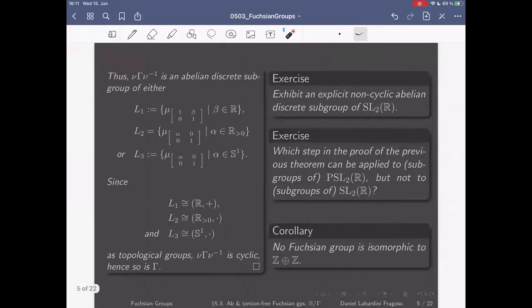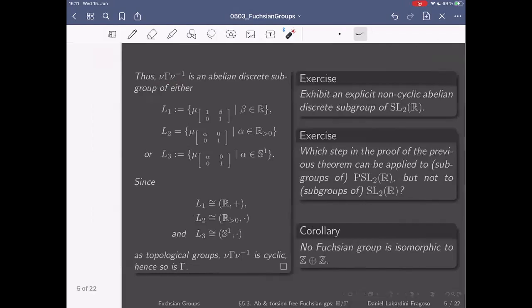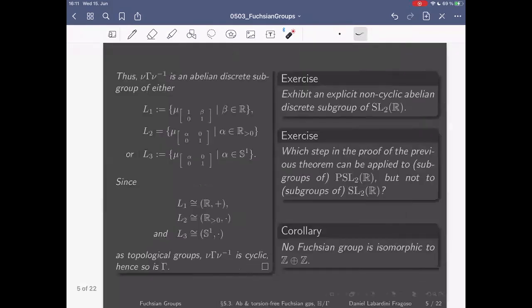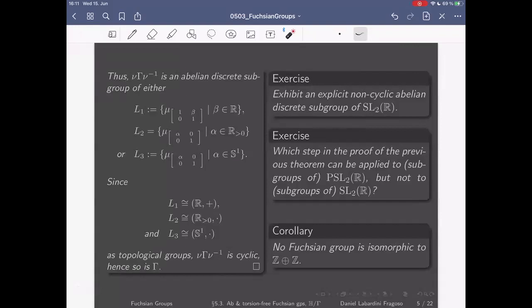And so we get that nu gamma nu inverse is an abelian discrete subgroup. So we know if it's in here or in here, then it's abelian.